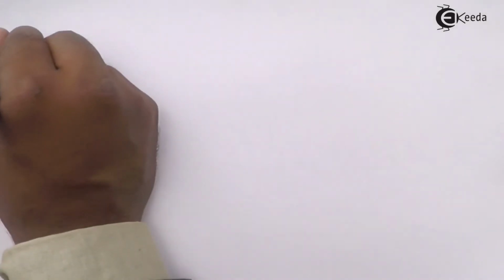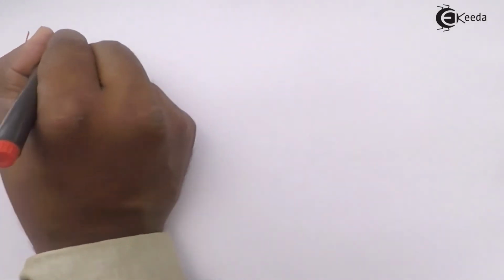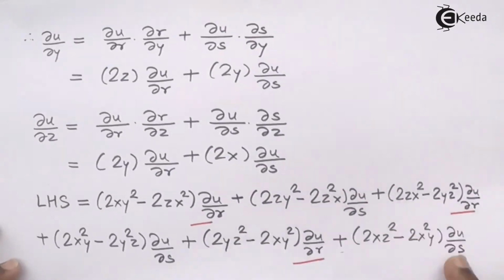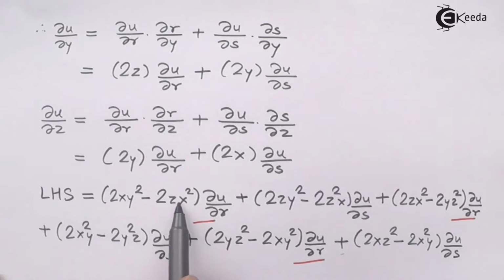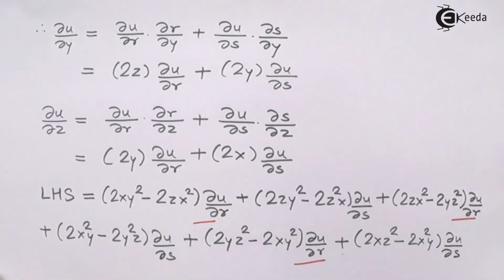So here we'll say LHS is equal to, if we take del u by del r common, in bracket we'll get these two terms, these two terms, and these two terms. So I'll write down those terms.